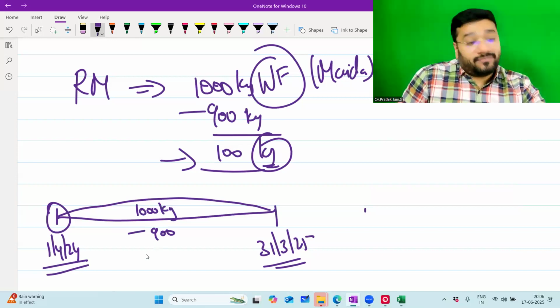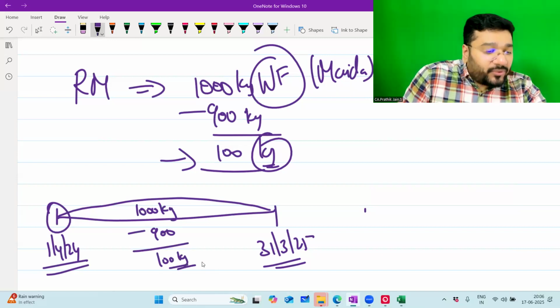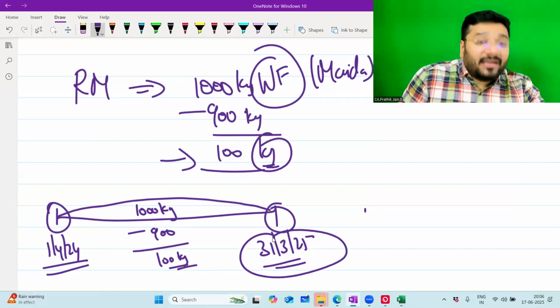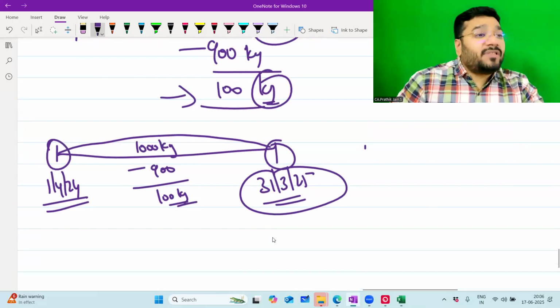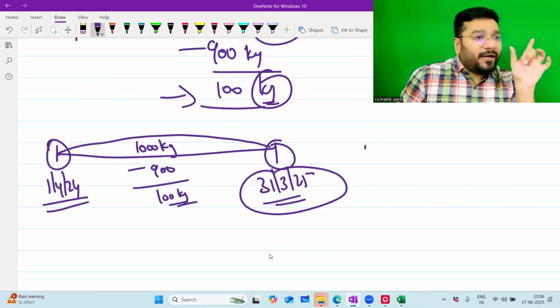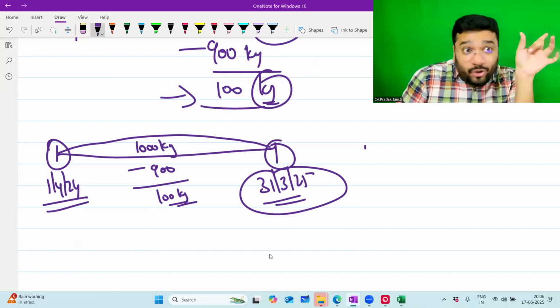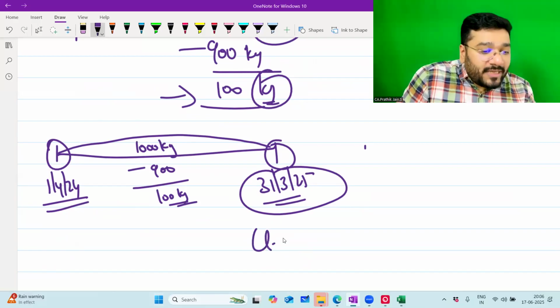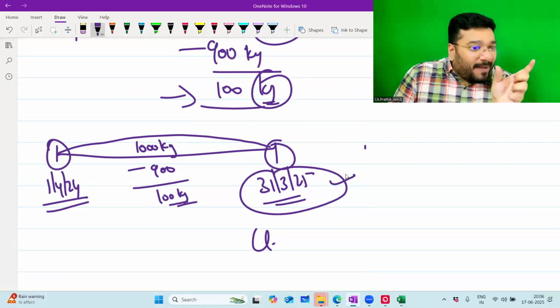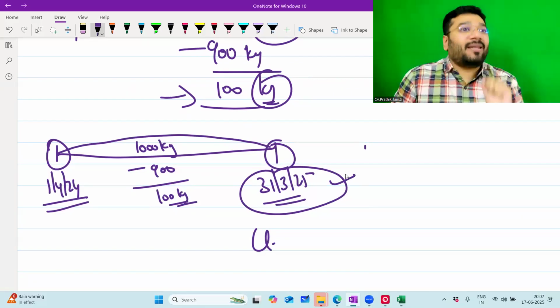How much is unused? 100 kg of maida is unused. This 100 kg is unused, lying on which date? 31/3/25. Any item which is lying in the business at the end of the year, any value at the end of the year, is called closing value. So if I have some cash balance on 31 March, I say closing cash balance.